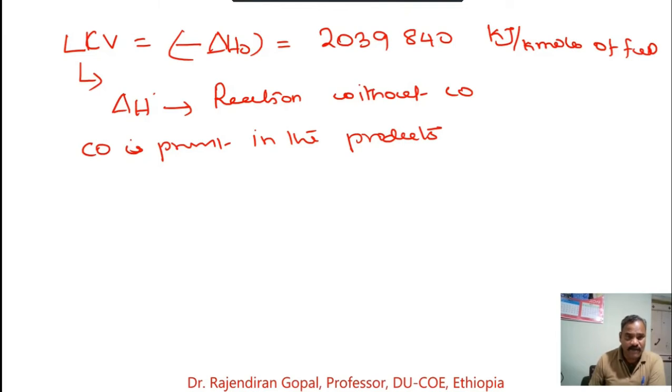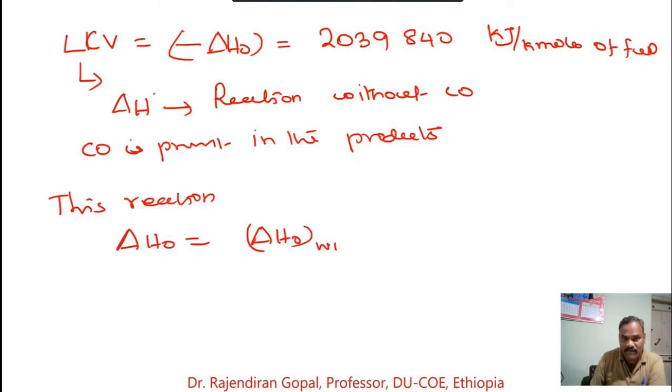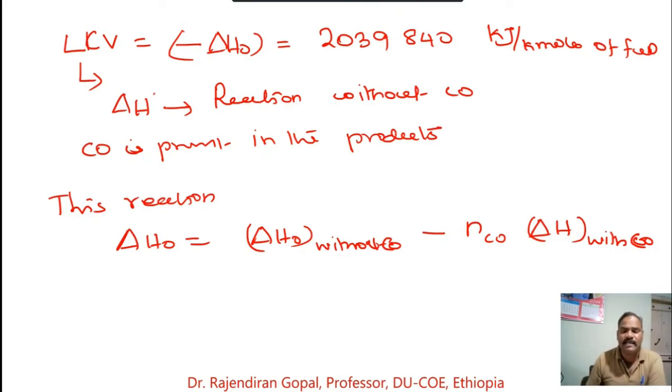So for this reaction, delta H naught is equal to delta H naught without CO minus the number of kilomoles of CO multiplied by delta H naught with CO. This one is given. We have to find out delta H naught with CO.